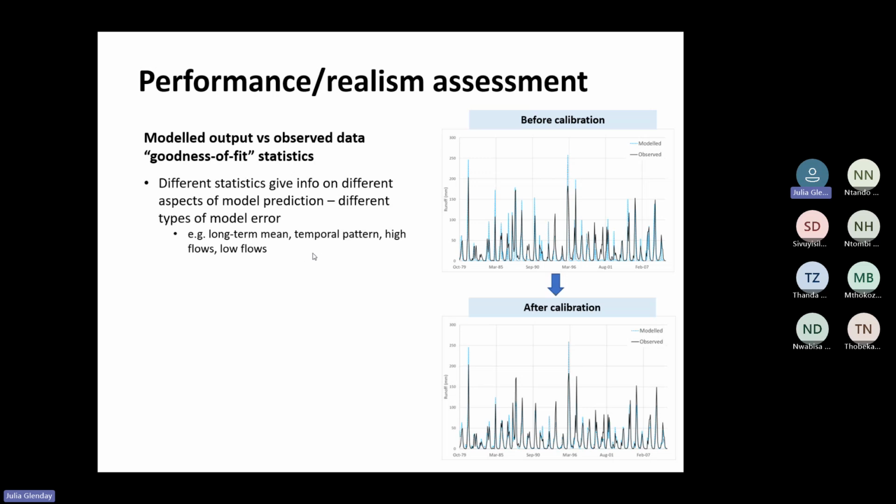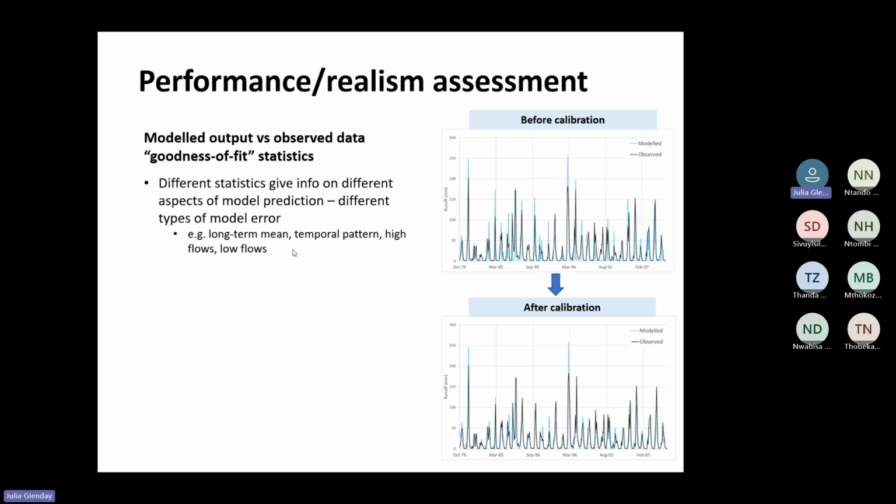They might capture the temporal pattern of highs and lows, but not the offset in terms of the absolute values, though the ups and downs are proportionally right. Sometimes they get the high flows really well, but they don't get the low flows well, or they get the low flows well and not the high flows well, for a variety of reasons.